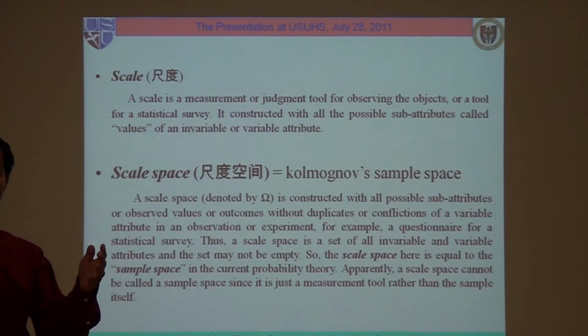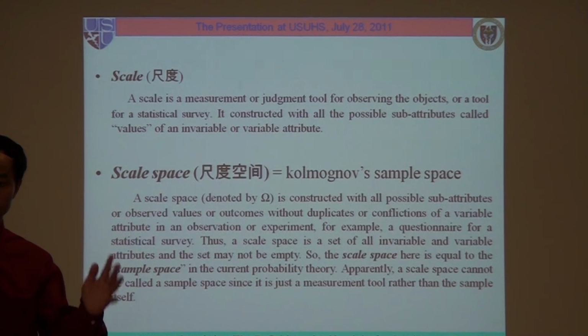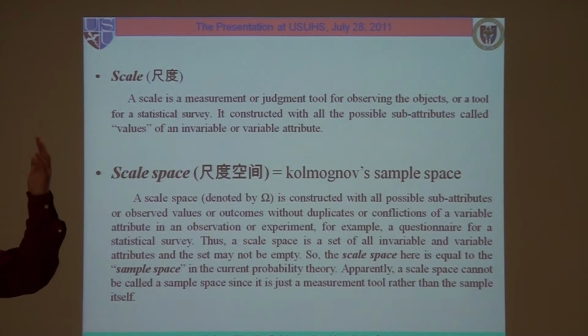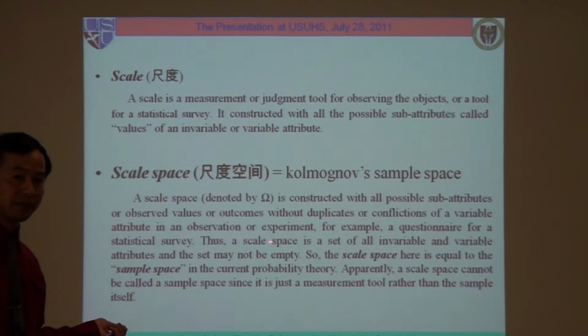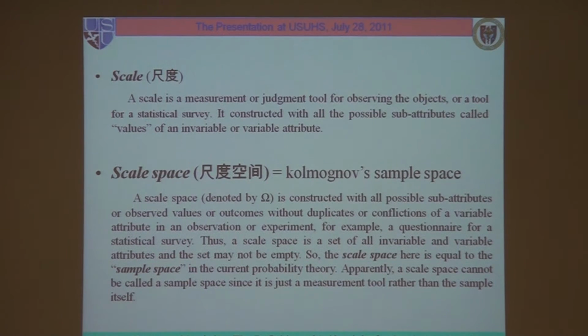For example, the statistical questionnaire is a scale space for the research project. It's complex, not just a single one, for example, to measure height or measure weight. A scale space for a statistical survey includes every scale. So it's a set of scales.